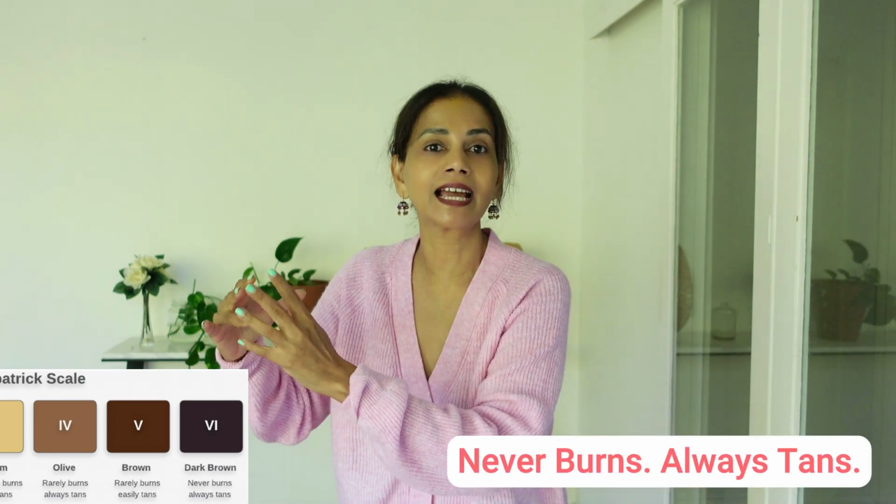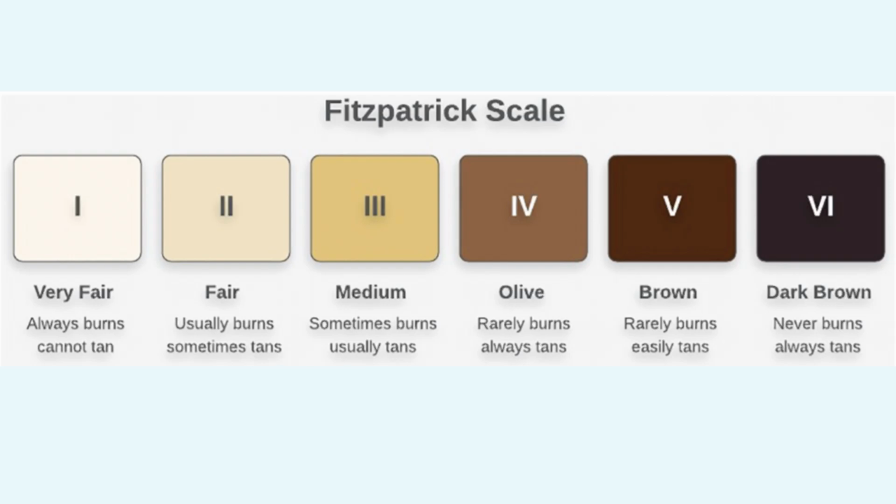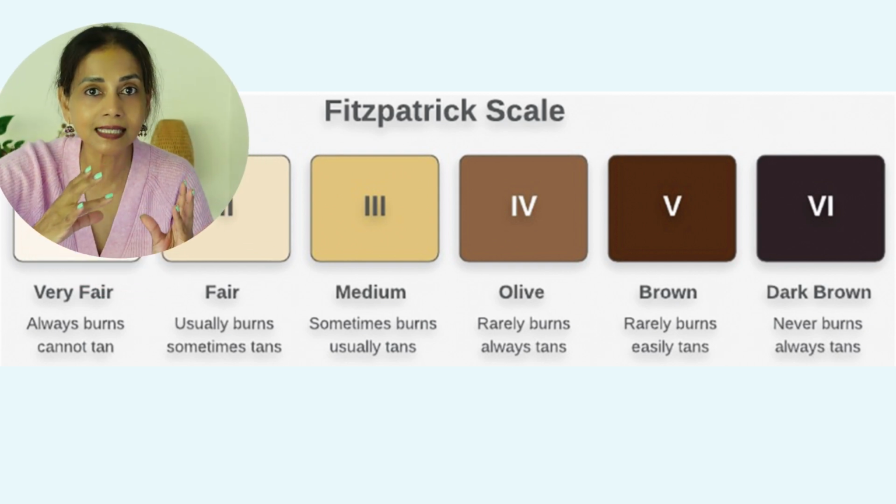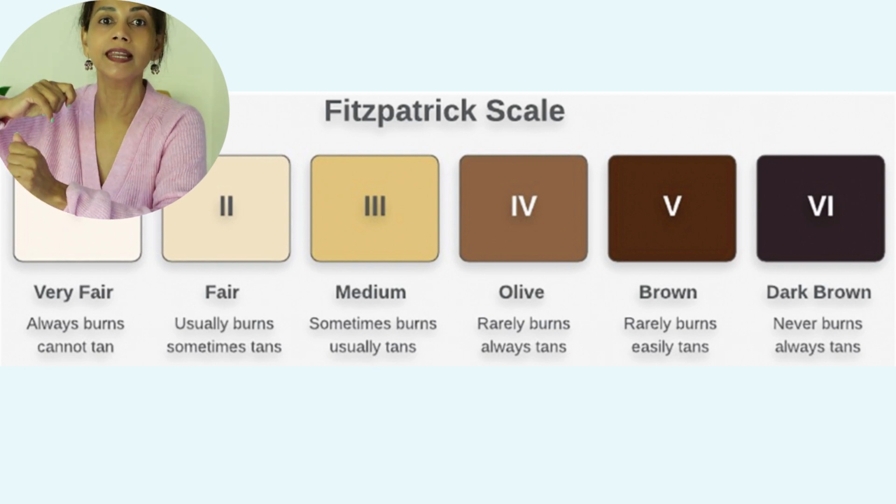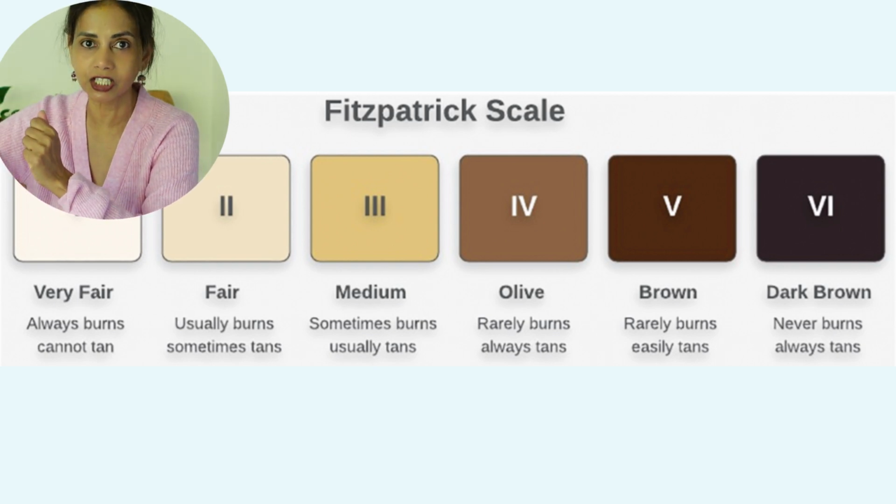Phototype 6, the very dark skin tone people, have an excess amount of melanin, so they have a lot of protection from melanin. Their skin never burns, but it tans. For the in-between phototypes, 2, 3, 4 and 5, you will see a gradual reduction in burning and an increase in tanning, because as the skin gets darker, more melanin gets produced, giving more protection for the skin.